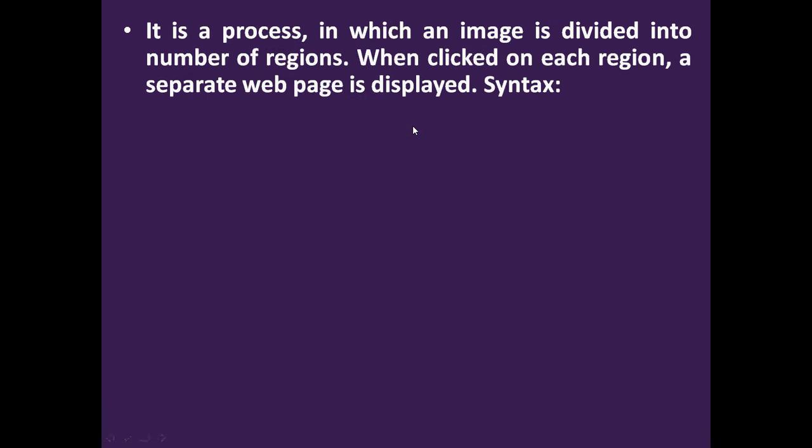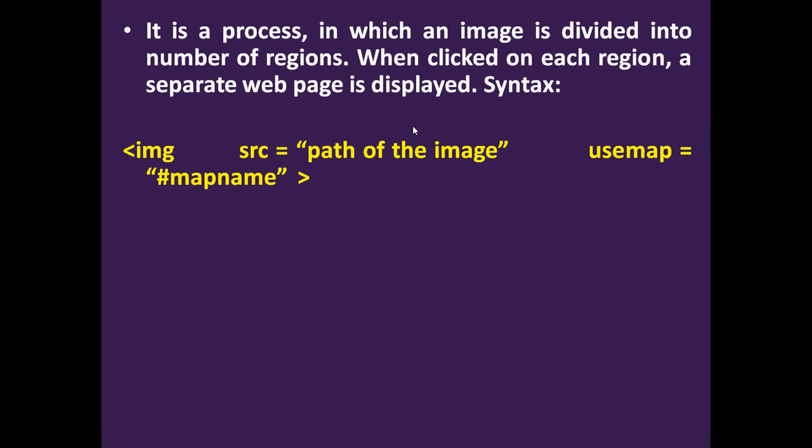So in these situations, we can go for image mapping, where an image will be converted into a map. For this, we make use of the tag img, which stands for image, and src stands for source, is equal to the path of the image. So as usual, we have to supply the path of the image for the source attribute of the img tag. However, in continuation of this, we use another attribute, that is usemap, which converts the image into a map.